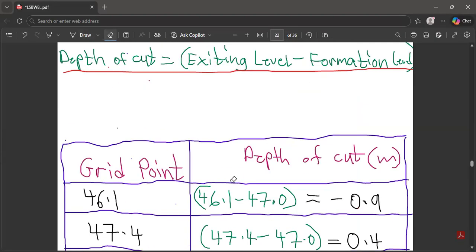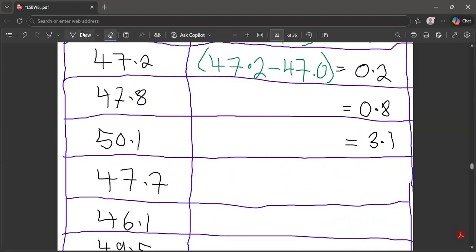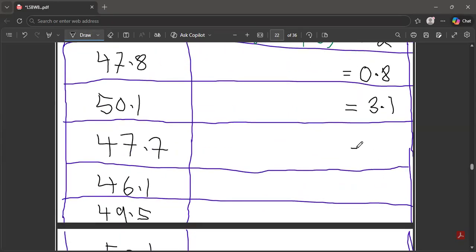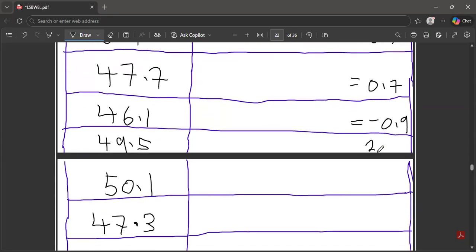All right. And this is also going to give us 0.7. This is going to give us a negative answer. We say we don't like negative answers, so we're going to ignore it. We'll see that soon. So this one gives us 2.5.